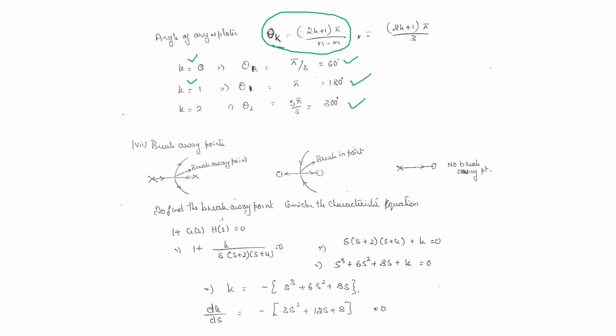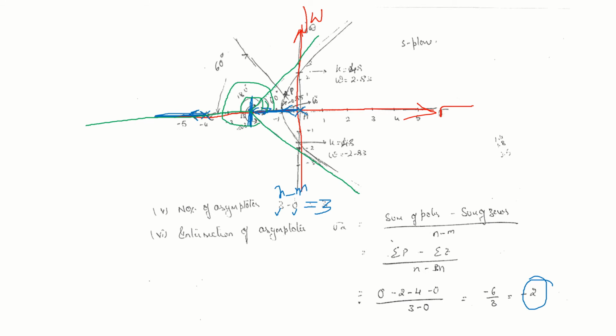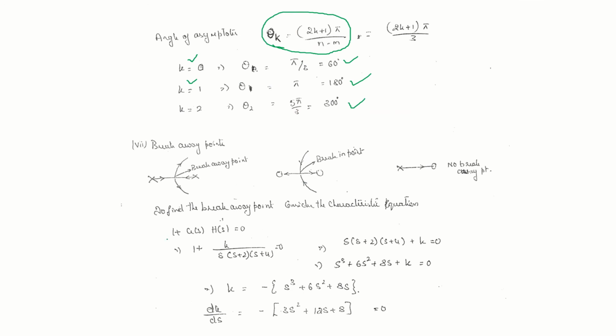Next rule, breakaway points. Now you can clearly see that the root locus is coming from here and coming from here. The root locus is lying between two poles. There should be a breakaway point. Let us find out that breakaway point. For that, take the characteristic equation. 1 plus G(s)H(s) equal to 0. Then we'll get the characteristic equation. Get K. Differentiate K and equate it to 0.